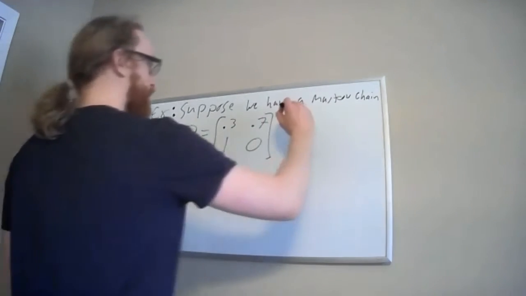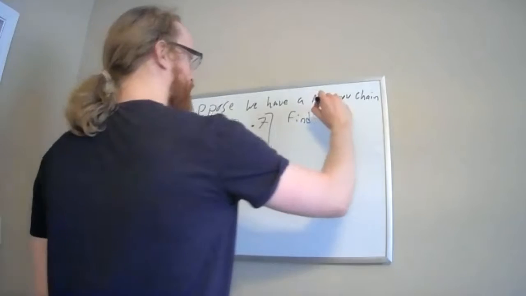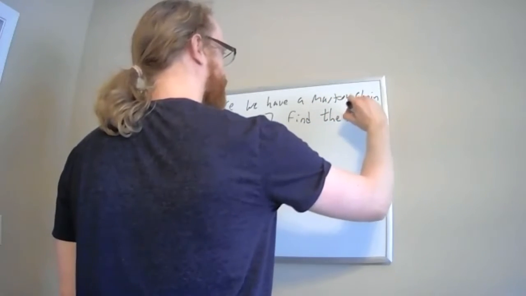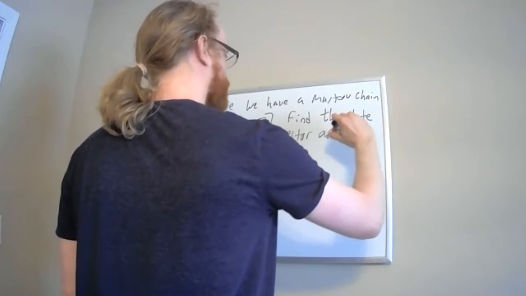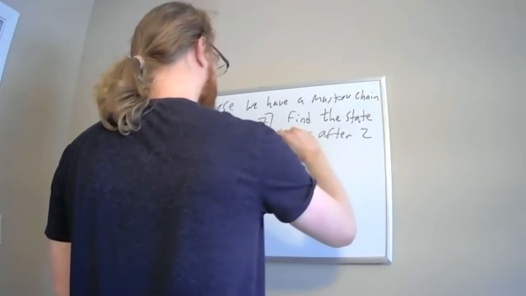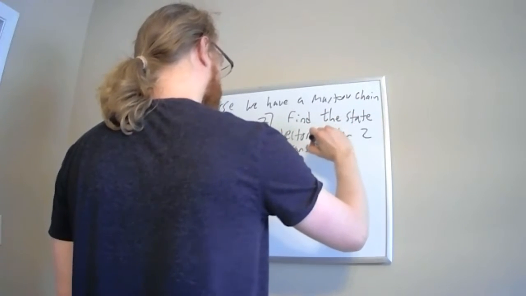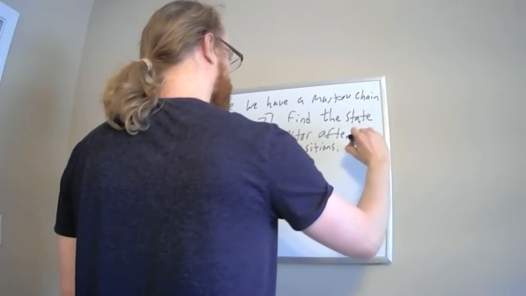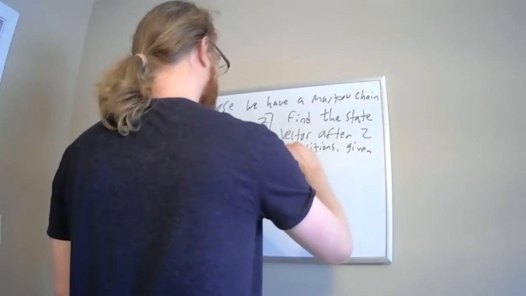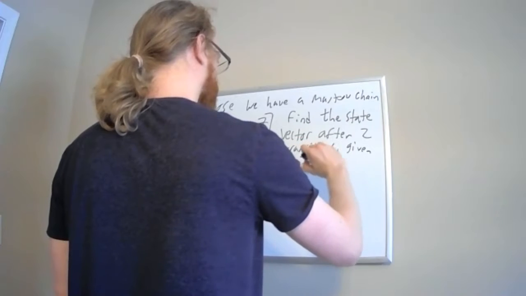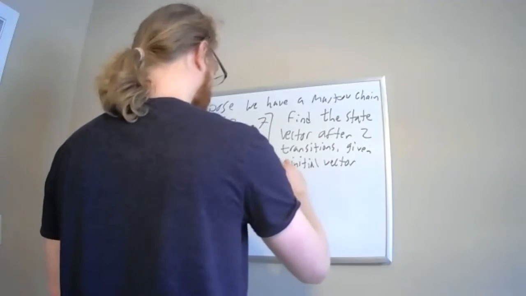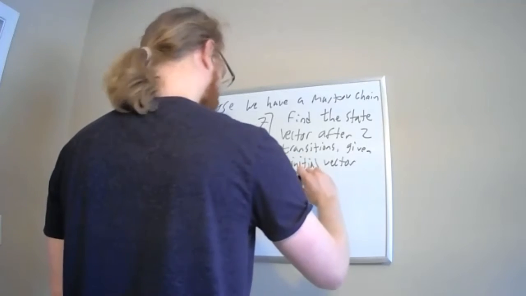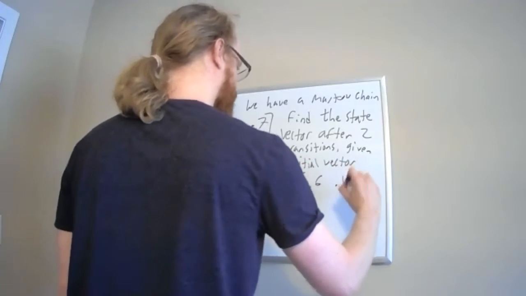And here's our goal. Let's find the state vector after 2 transitions, given the initial vector, which we'll call x0 equals 0.6, 0.4.